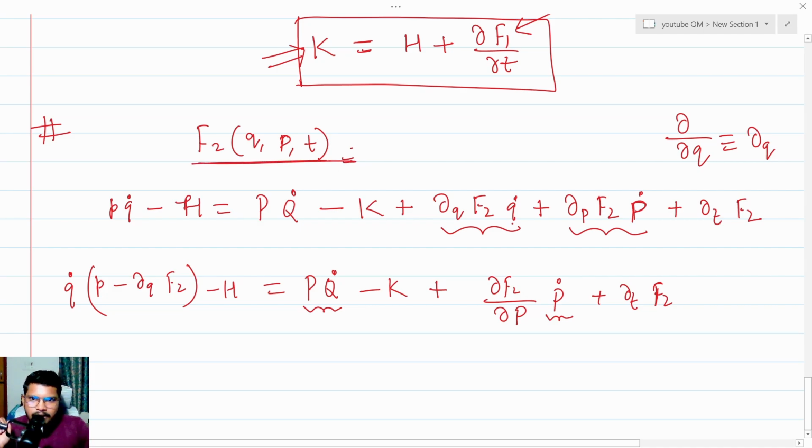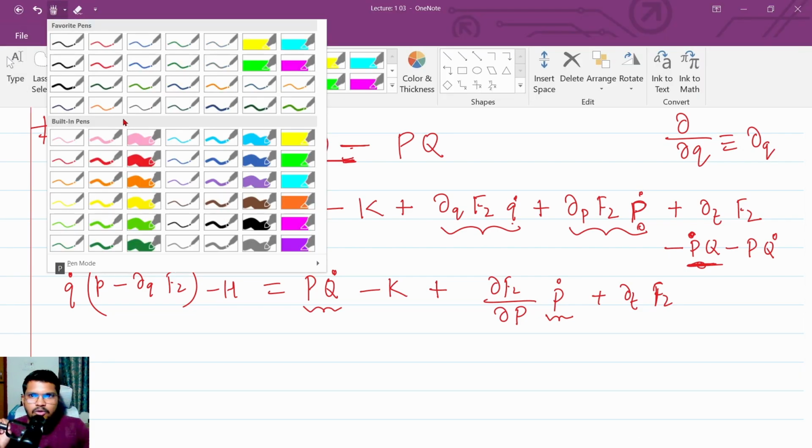Over here, I got F2(q, P, t), but can I just say that it also takes P and Q? If it is there, therefore I will have over here P dot Q minus P Q dot. Now P dot Q and P dot, I will get one thing over here, and P Q dot would simply be cancelled.